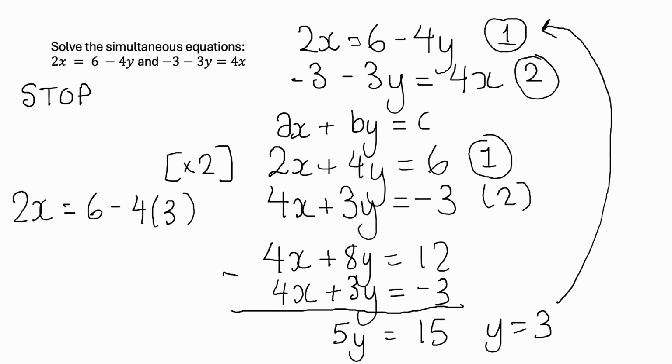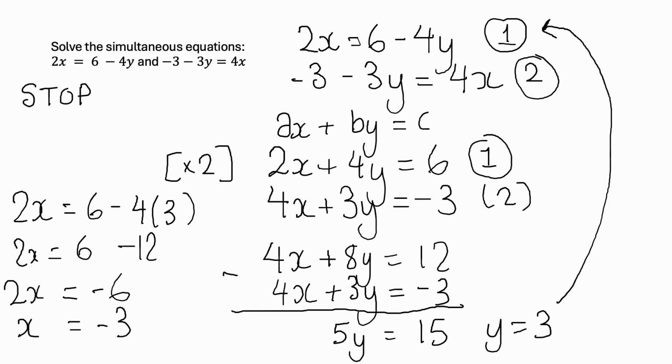So negative 4 times 3 is negative 12. So 6 subtract 12 is negative 6. If 2x is equal to negative 6, that means x has to equal negative 3. So our x is going to be negative 3 and our y is going to be 3.